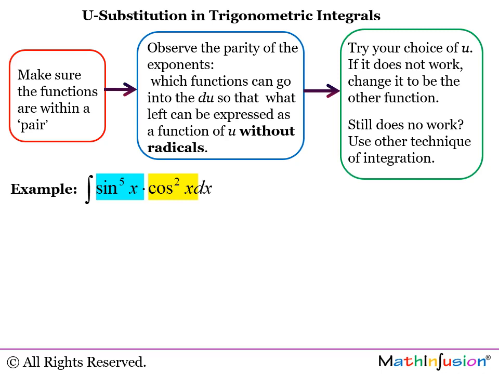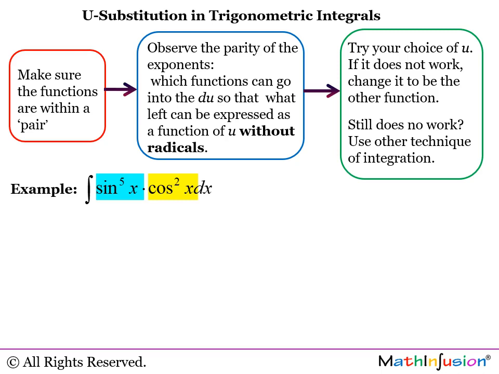In the u substitution, we looked at the composite function and we took the inner function to be the u. Here we cannot do it because it's a product of two functions and each of them is composite. So the u can be cosine x or it can be sine x. What I should put in the du, so the leftover, will have only even exponents, because I love even exponents.